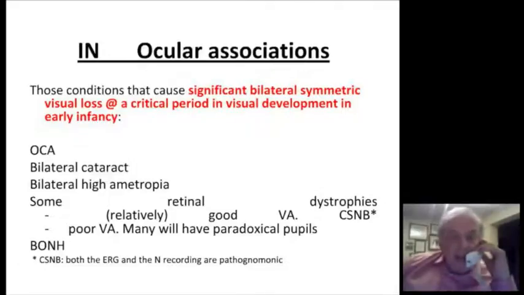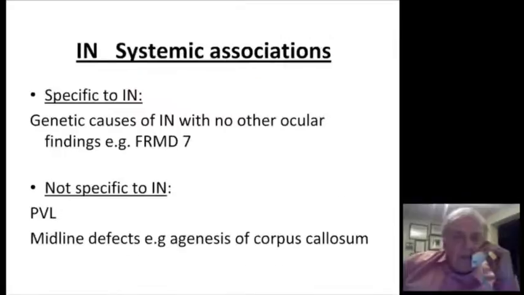And the associations that one will see are those that have been mentioned already: albinism, any significant bilateral symmetric visual loss, it's all in red there, that happens at a critical period in visual development in early infancy. So it's bilateral and symmetric. These are the conditions that are associated with infantile nystagmus, and there's the list.